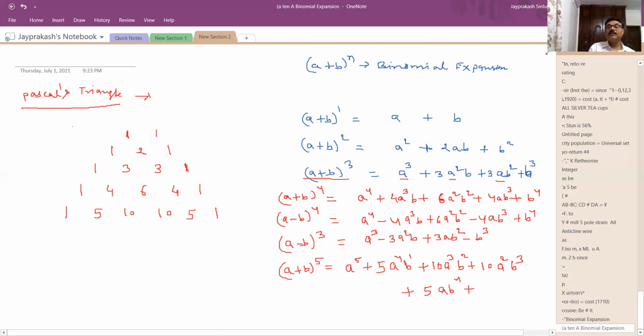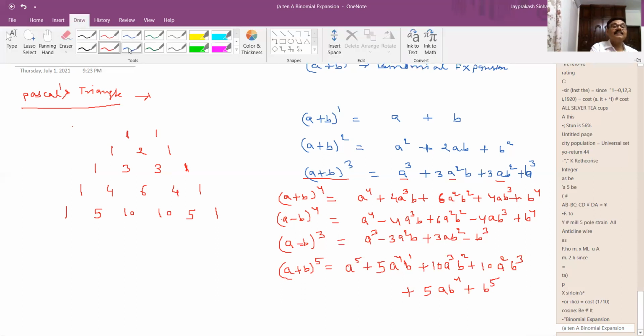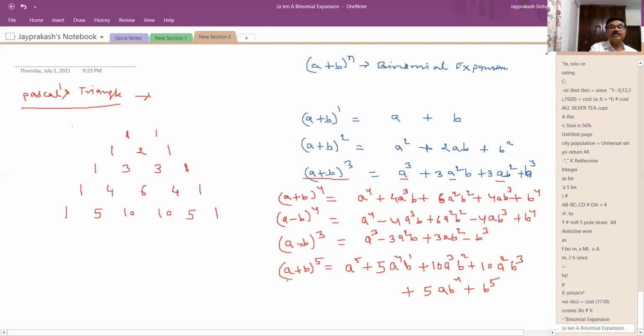Here the power of a will be reduced by 1, meaning a to the power 0, that becomes 1, so no need to write. And now increase the power of b by 1, meaning b to the power 4 plus 1, b to the power 5. So this is the complete expansion of (a + b) to the power 5.